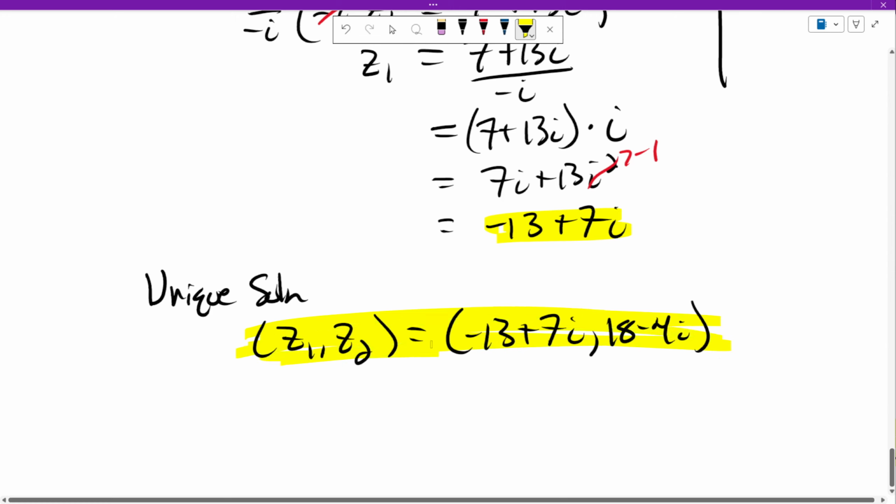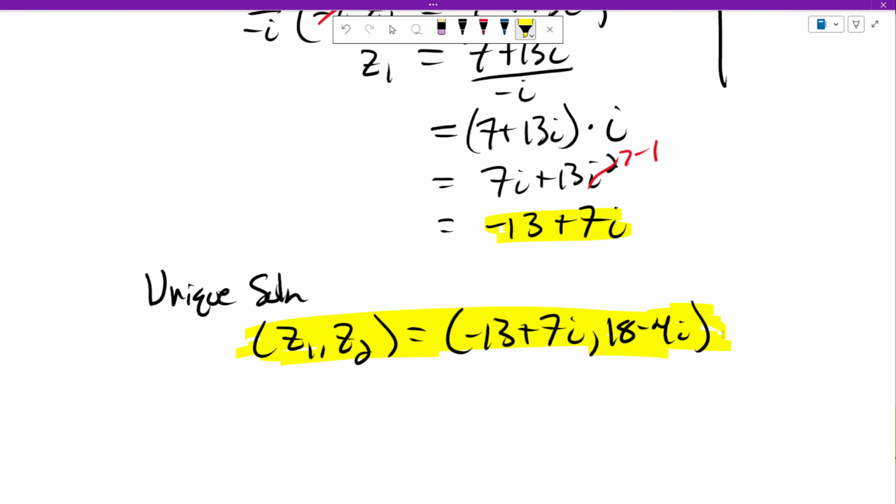And there we have it. So the point of this example is that the usual linear algebra computations we know work over the complex numbers. The only difference is multiplying is a little bit more involved and division is a little bit more involved, but the algorithm still works.